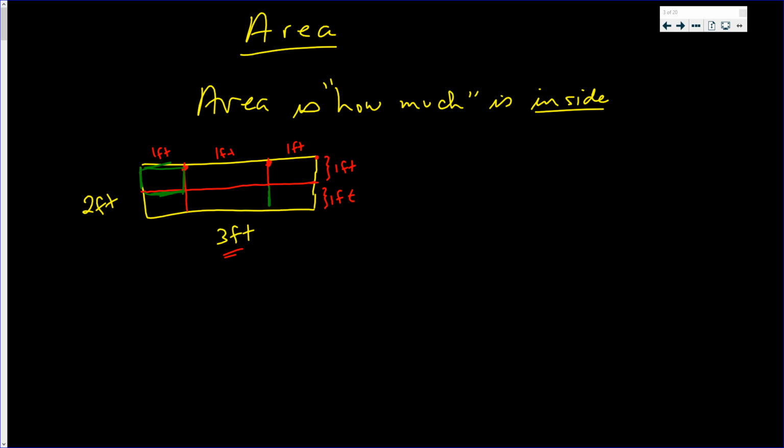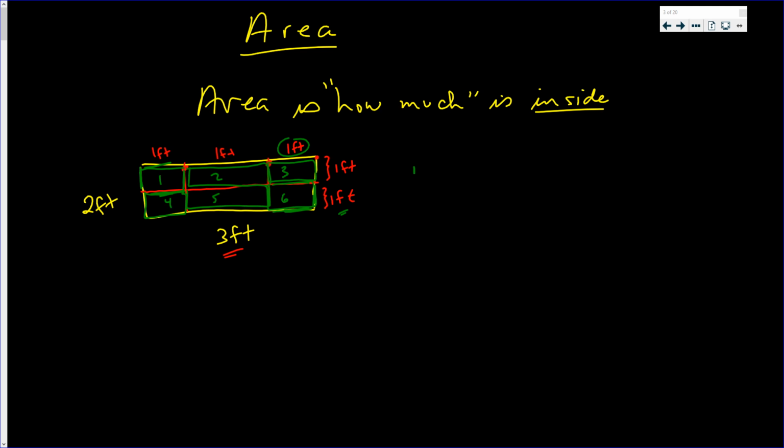This here, it's 1 foot. This here, it's 1 foot. This is 1 foot. This is 1 foot. We have 6 of these. Sorry that the middle ones look bigger. We have 6 of them. 1, 2, 3, 4, 5, 6.